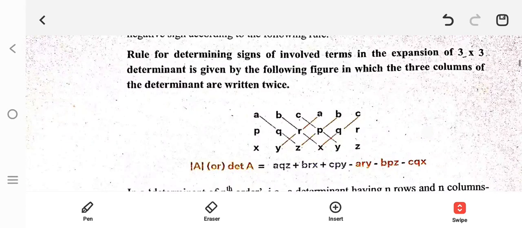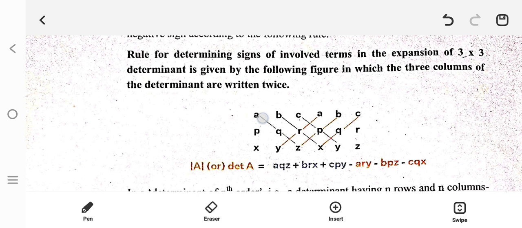Okay, so the rule for determining the sign of the terms involved in the expansion of a 3 by 3 determinant: we write the three columns of the determinant twice. So write ABC, PQR, XYZ, and again write ABC, PQR, XYZ.